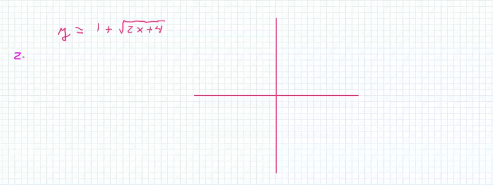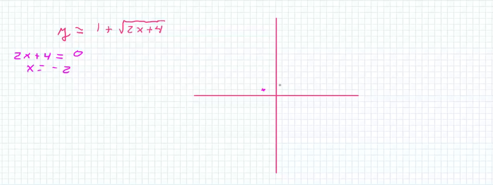We want 2x plus 4 to equal 0. X, if you solve this, would be negative 2. So if I put in negative 2, I get 0. 0 plus 1 is 1, so at negative 2, I'm right there.